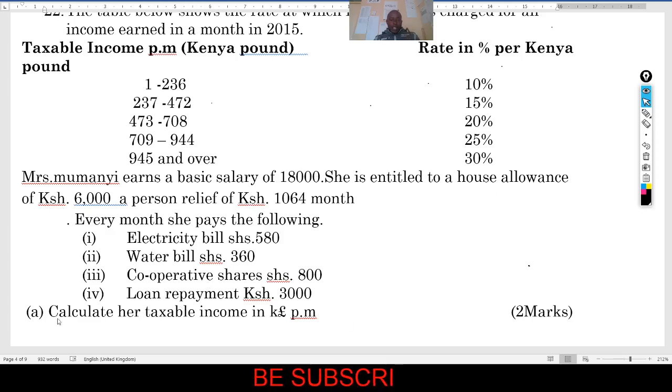That is 18,000 plus 6,000, which gives 24,000.